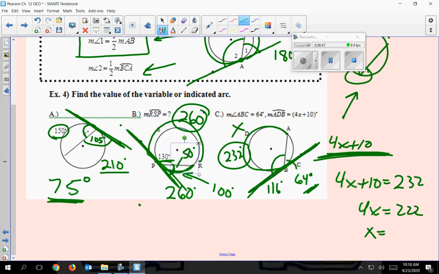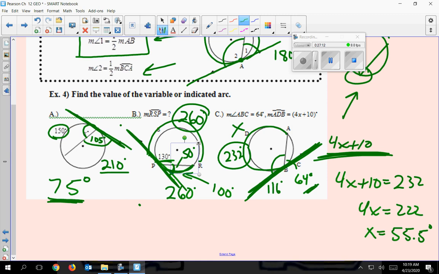And you should get a decimal answer for that. So x equals 55.5 degrees. Okay, so that's one way you could have done that. And just using a straight line. Remember, we did that, I think we do that in August with you guys. I use that to help me get that. Okay.